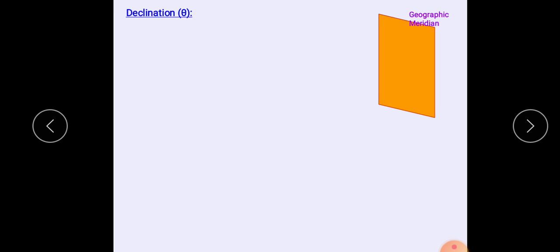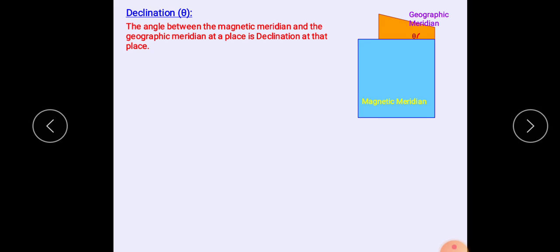Suppose this is the geographic meridian, this is the magnetic meridian, and these two planes are inclined at an angle theta. Then the angle between the magnetic meridian and the geographic meridian at a place is the declination at that place.